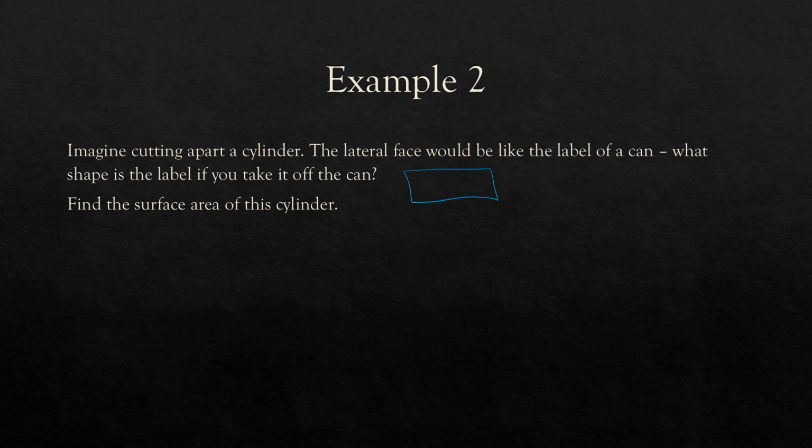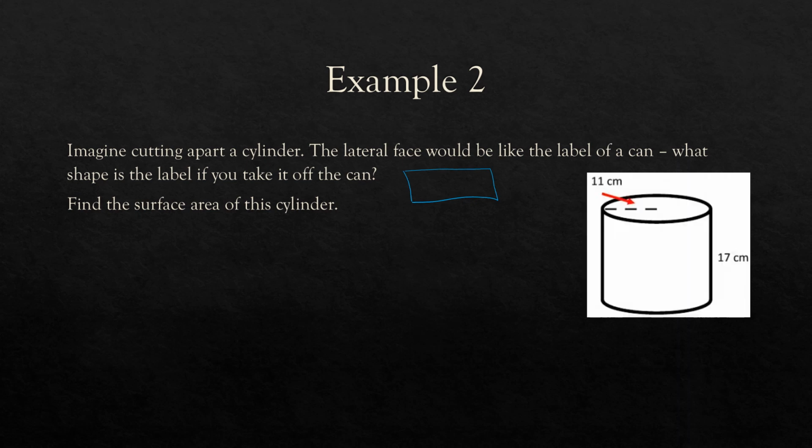So let's find the surface area of this cylinder. If I were to draw each piece, I have a top and a bottom base that are going to be circles. They have a radius of 11 centimeters. And then if I peel off that label, or figure out what the lateral face is, it would be 17 centimeters tall.